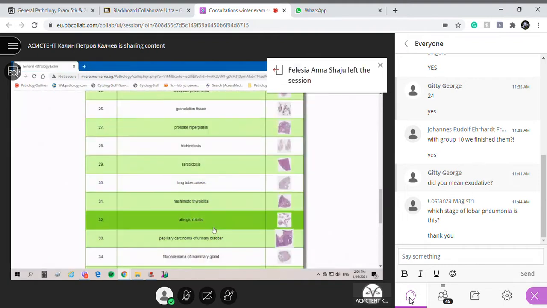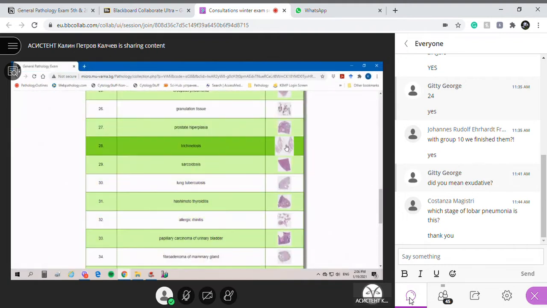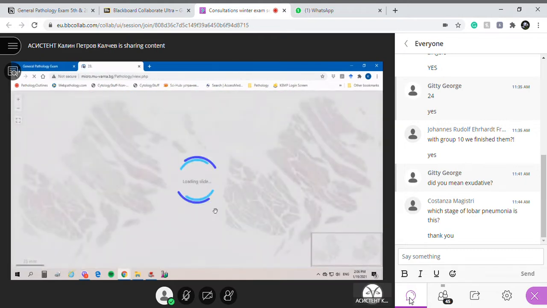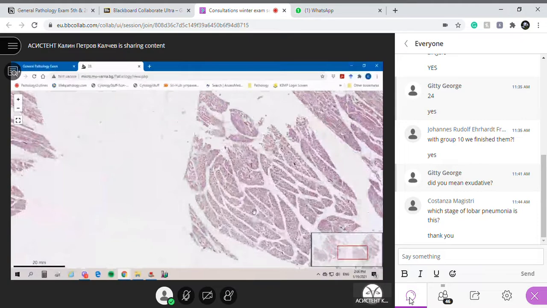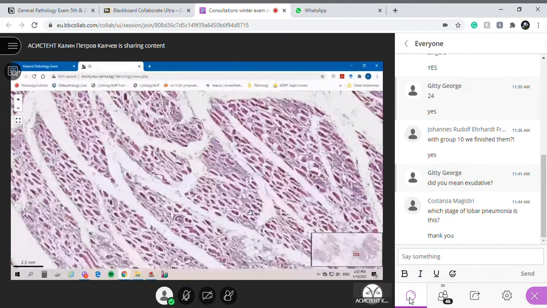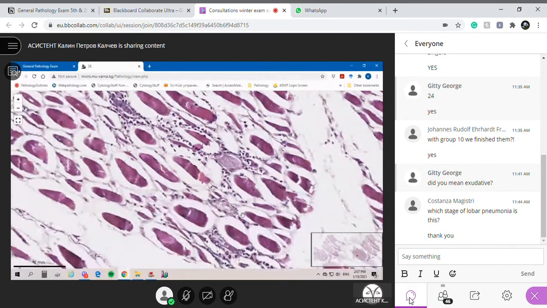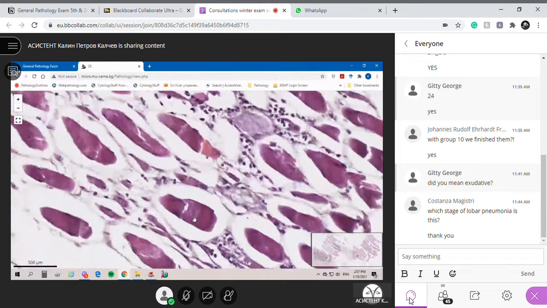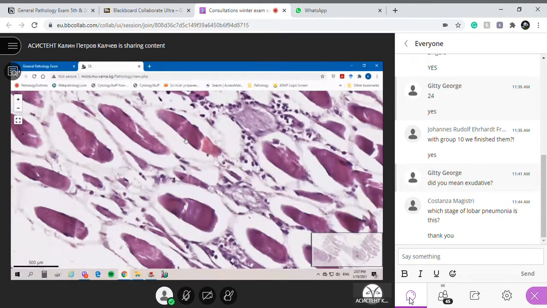And the third type of granuloma that I will show is a granuloma around parasites. The first thing that you will see here is that this granuloma is actually in skeletal muscle tissue. You can see here the muscle cells.